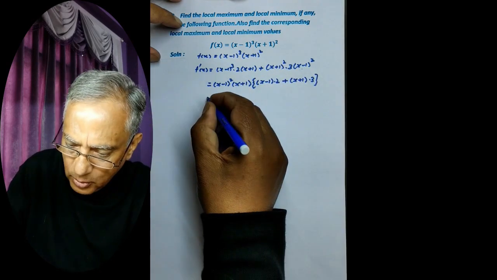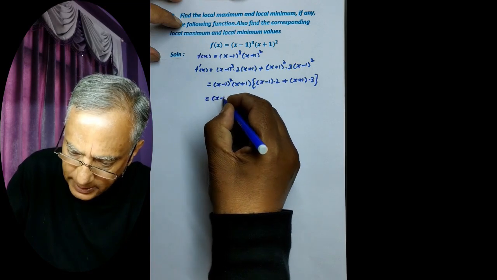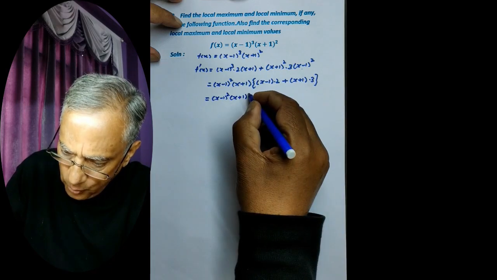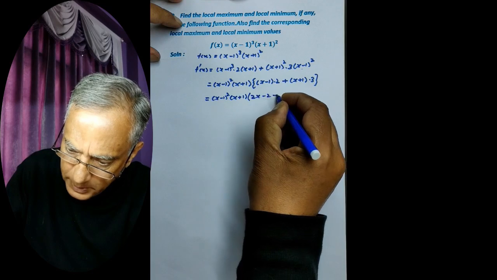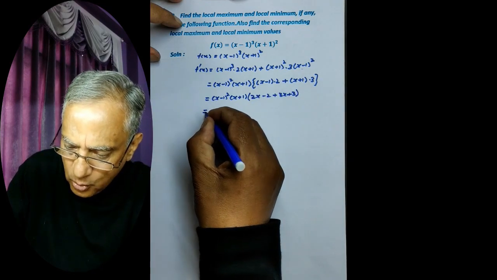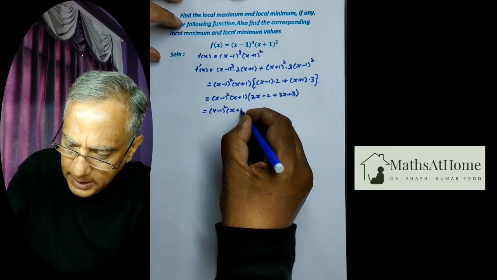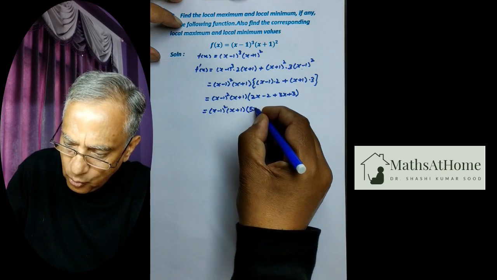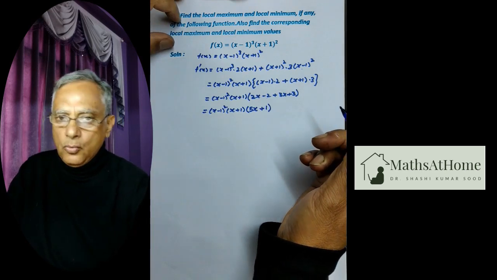So this is equal to (x minus 1) whole square into (x plus 1) into (2x minus 2 plus 3x plus 3), and this is equal to (x minus 1) whole square into (x plus 1) into (2x plus 3x is 5x) 5x plus 1.